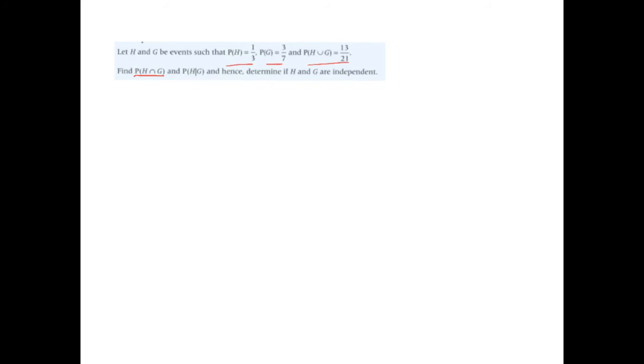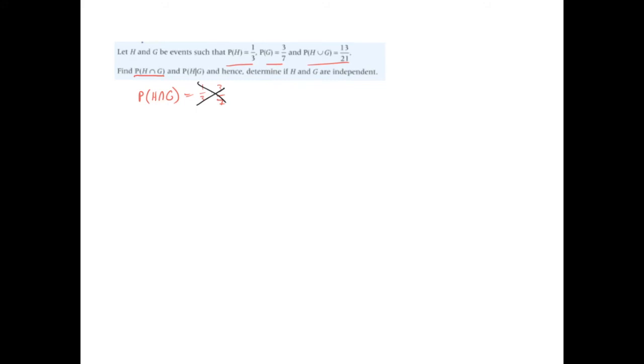Now it does say here, determine if H and G are independent. Because it's asking me to determine, I already know that I can't assume that they are. So you cannot use the independent rule to say, well, that means P(H intersect G) equals 1/3 times 3/7. You can't do that. This would be incorrect because this only works if we know 100% sure that they are independent.